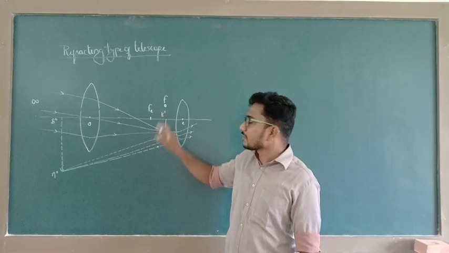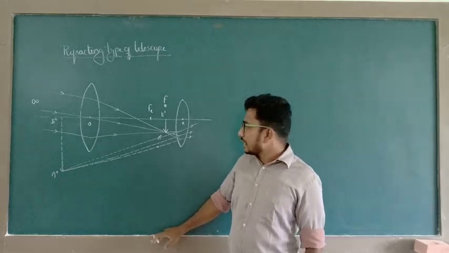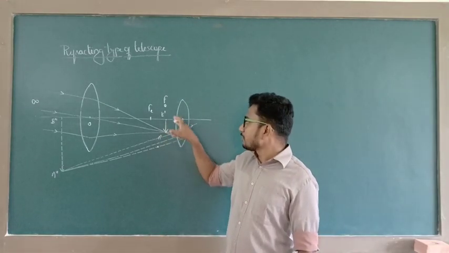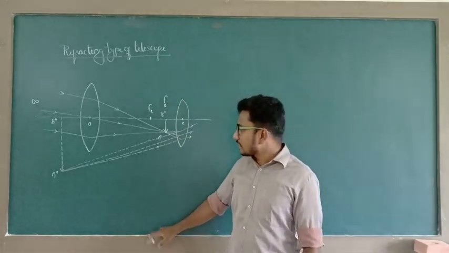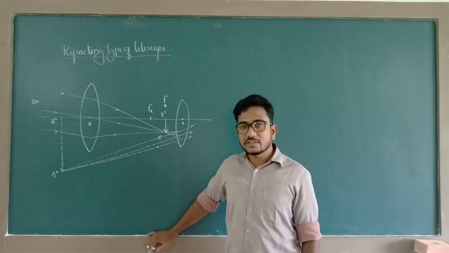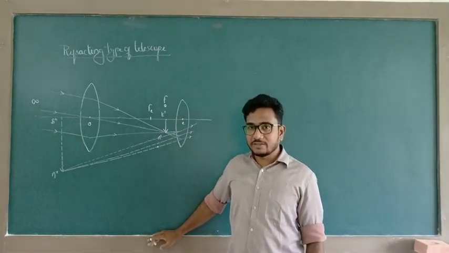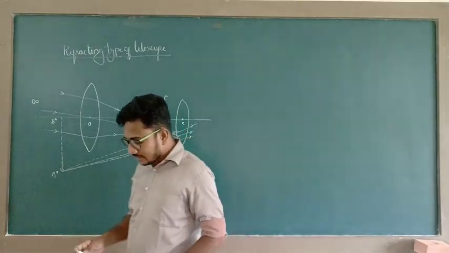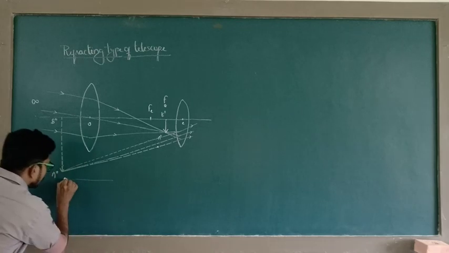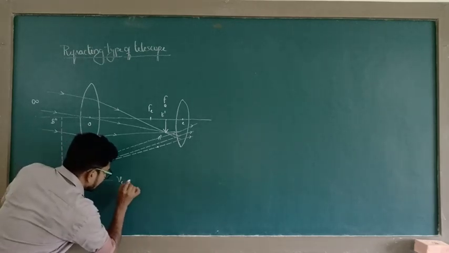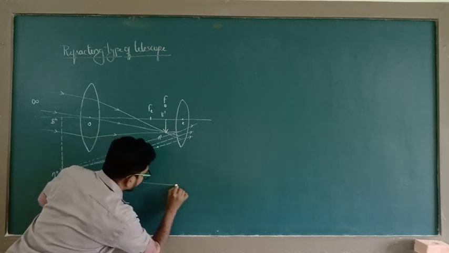Now this A dash B dash acts as object for this eyepiece. By adjusting the distance between A dash B dash and optical center of the eyepiece by using rack and pinion screw, in such a way that the final image A double dash B double dash lies at least distance of distinct vision from the optical center of eyepiece. Therefore, this distance V subscript E, image distance, is equal to capital D, that is 25 centimeter.